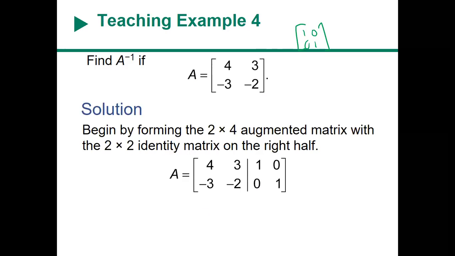And from here, we're going to start manipulating it so that we can create only ones and zeros. So what do you think our first step could be to start turning these numbers into ones and zeros?